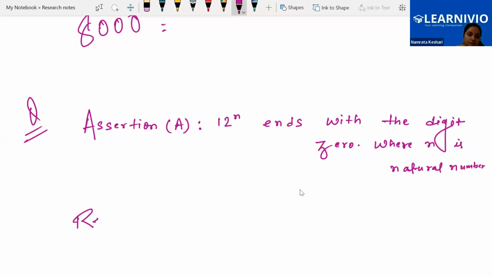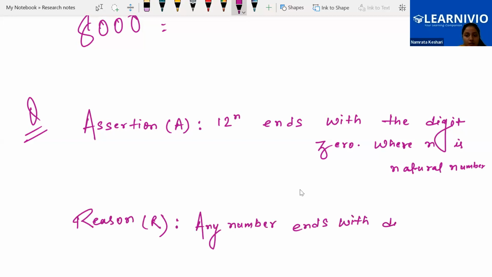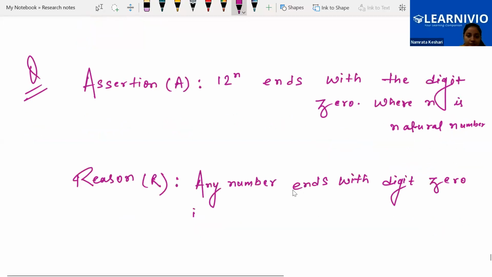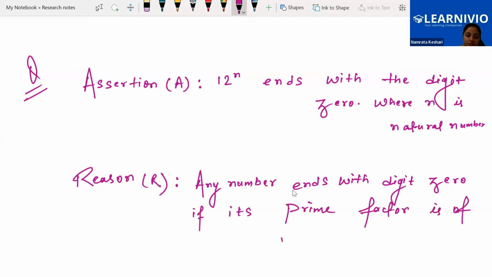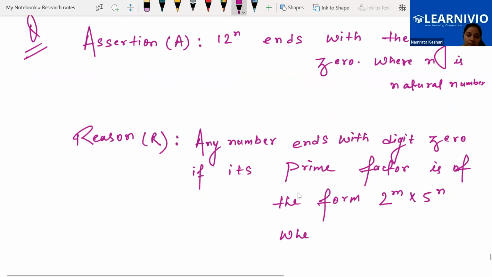Reason is: any number ends with digit 0 if its prime factor is of the form 2 to the power m into 5 to the power n, where m and n are natural numbers.